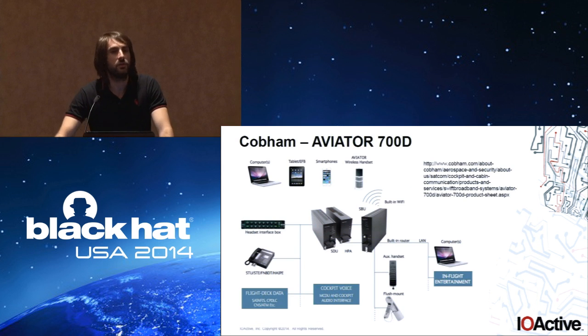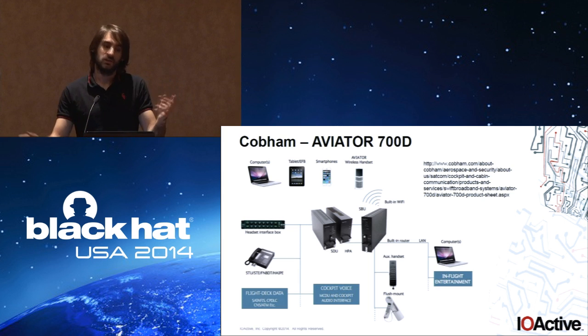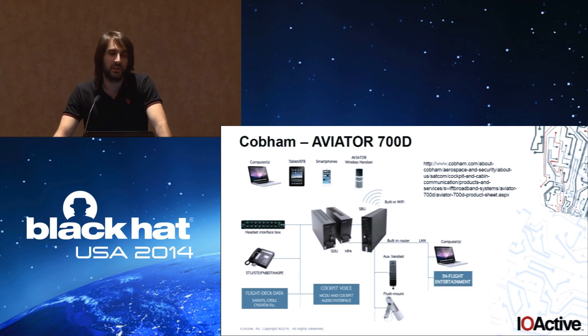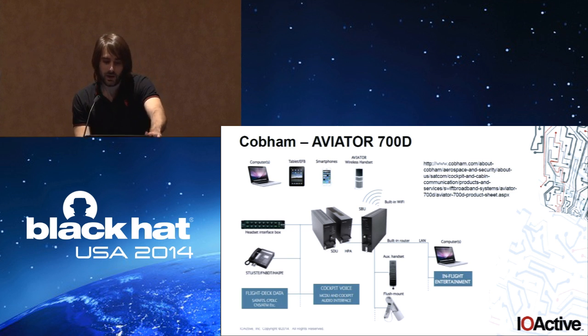So let's focus on the first target in the aerospace sector, the Aviator 700D, which is certified for providing security and safety communications for the aircraft. You can read in the white paper an introduction to the certification levels used in avionics. As you can see in the slide, we have two different units.